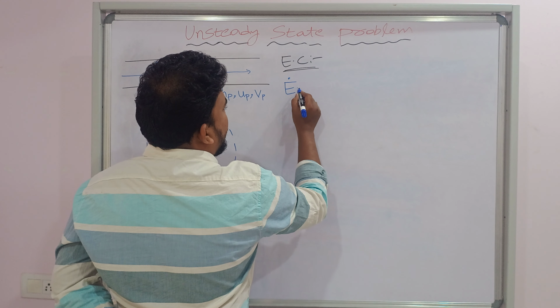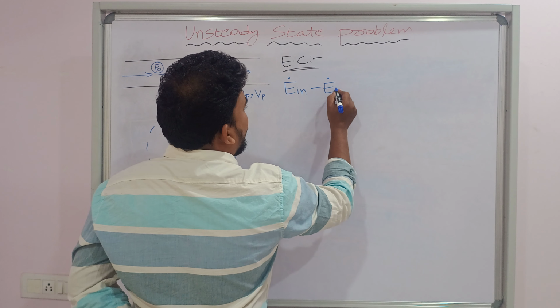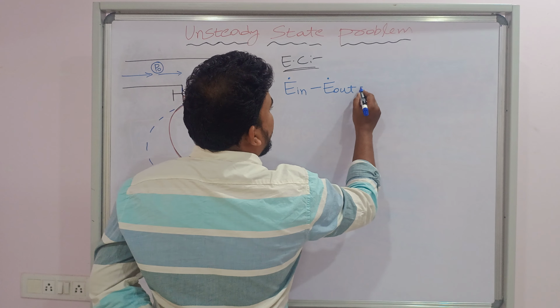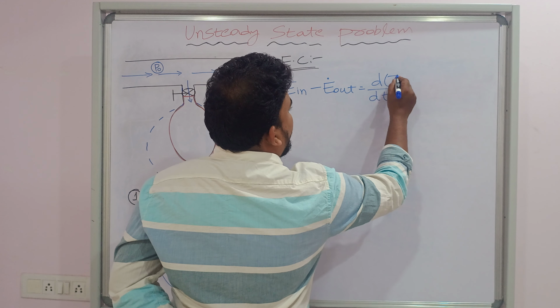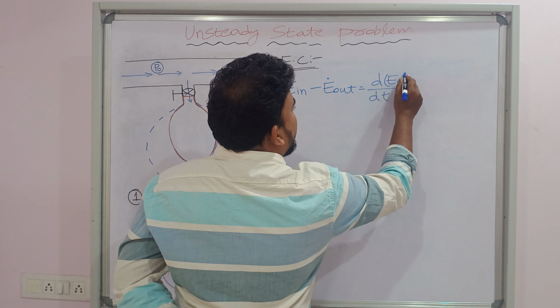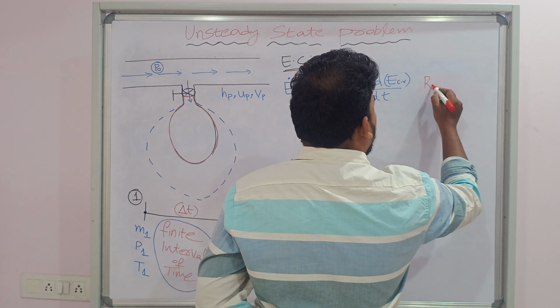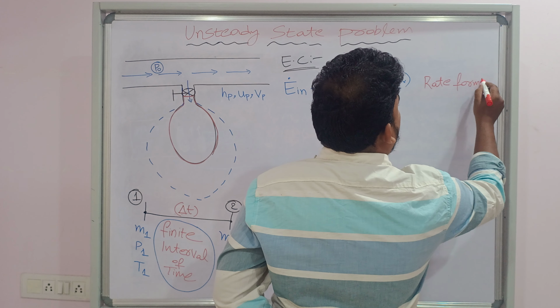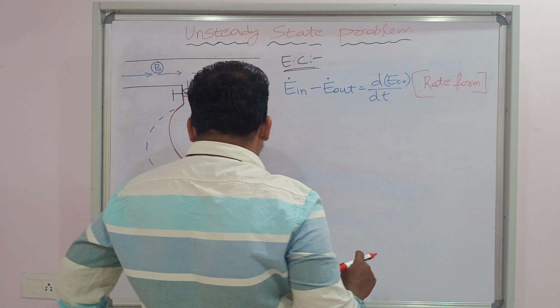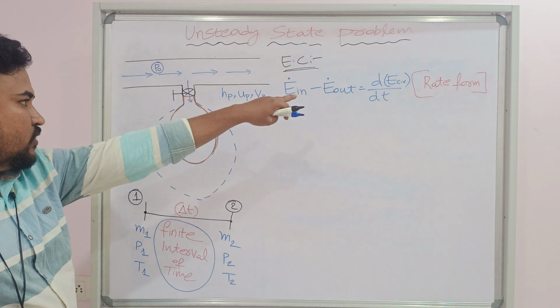E dot into the control volume, E represents energy, into the control volume, minus energy out from the control volume, which is equal to rate of change of energy of the control volume. Correct? It is in rate form, because this is very important. Rate form, when can we apply? Whether it is a continuous process. Correct? If you know the function, then you can differentiate it.